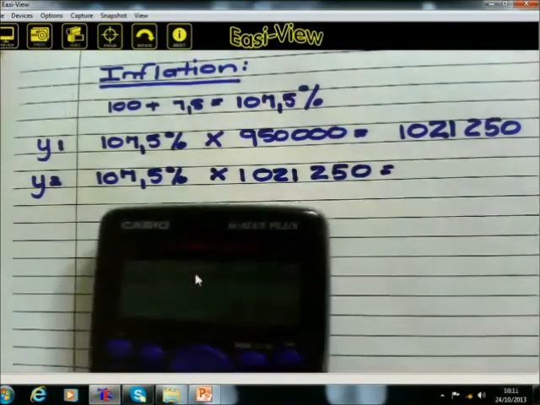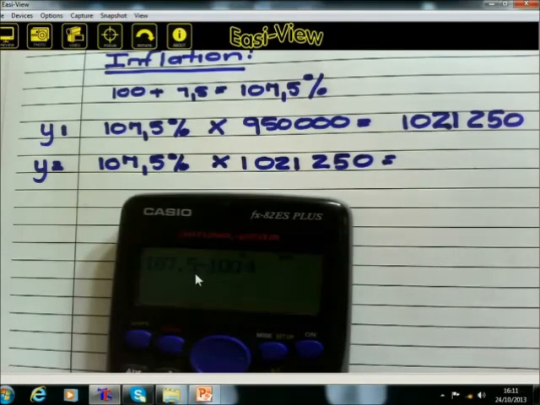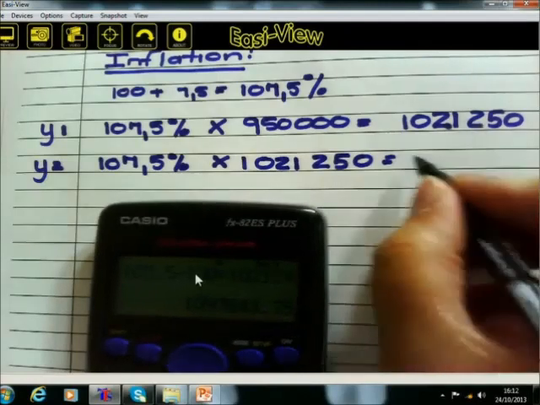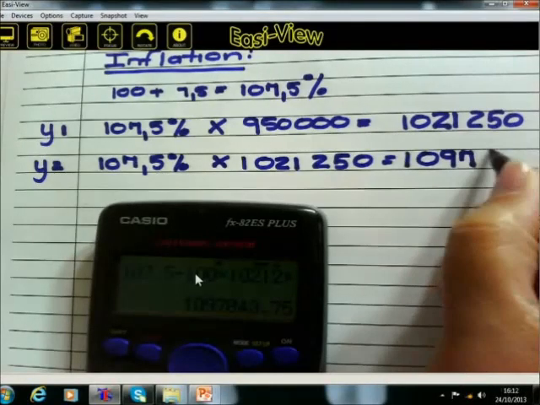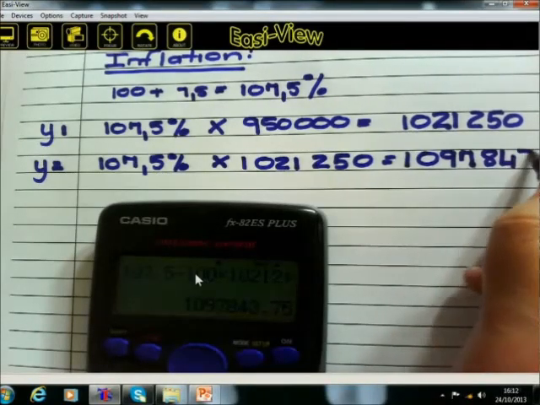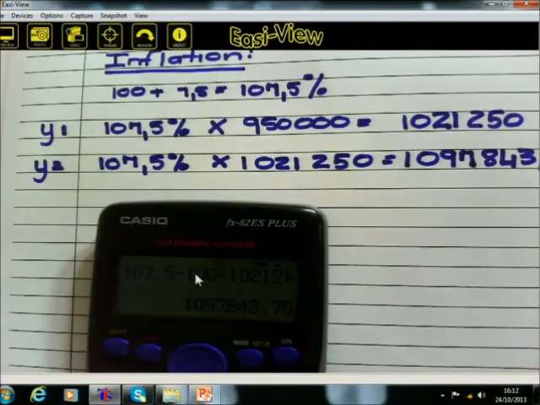If I do that on the calculator, 107.5%, which means divide by 100, multiply by 1,021,250, and let us see what's the final answer. 1,097,843.75. Remember, this is an alternative method. So let us just quickly go back to the previous method.